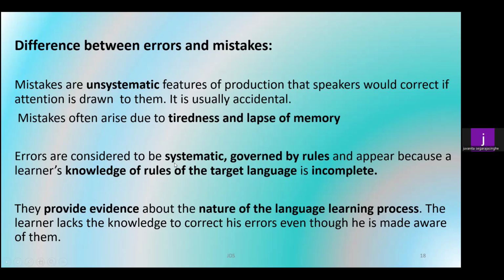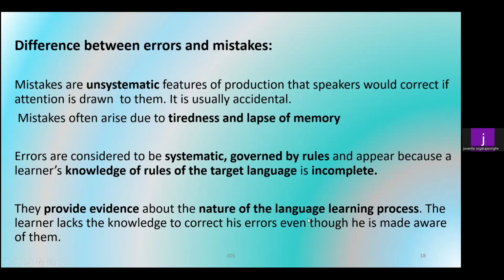Errors are considered to be systematic, governed by rules, right? So if you don't know the target grammar rules, you won't be able to construct correct sentences or use the language accurately. Errors provide evidence about the nature of the language learning process, where the learner stands. Is he a competent learner? Or is he a competent language user? Or is he an average language user?